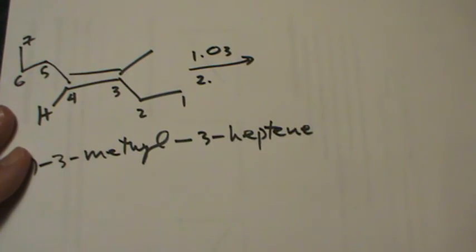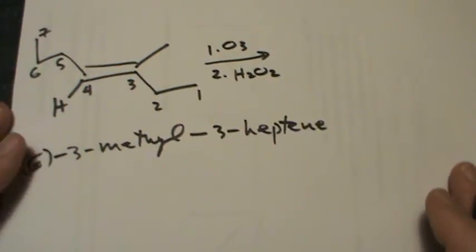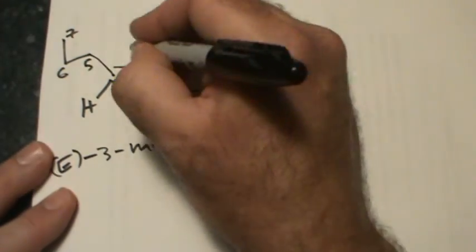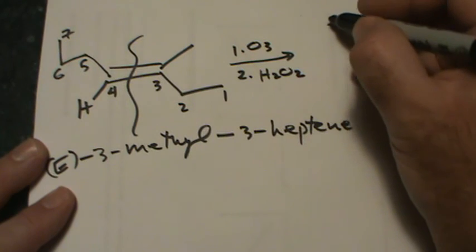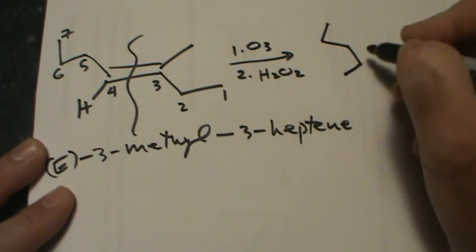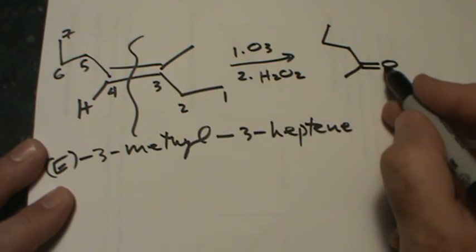And we've got to choose either reductive or oxidative workup conditions. I think in this particular case I'm going to choose an oxidative workup, H2O2, which means I'm going to break my carbon-carbon double bond in half. Wherever I used to have a carbon-carbon double bond, I have a carbon-oxygen double bond.